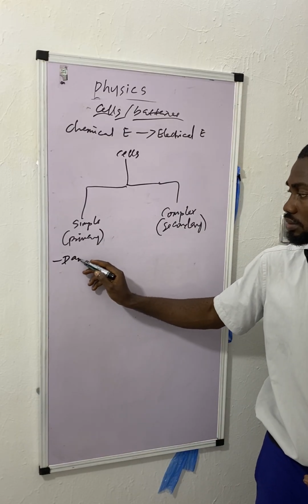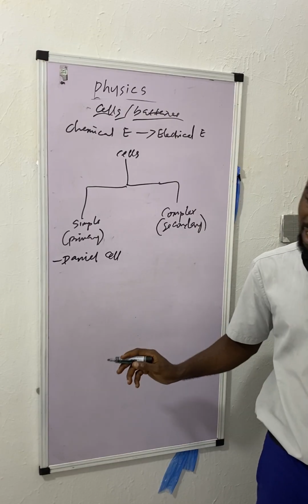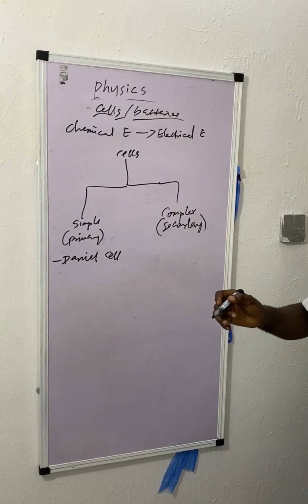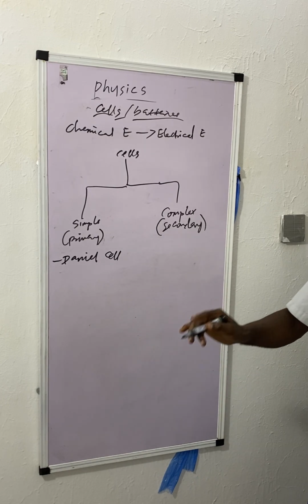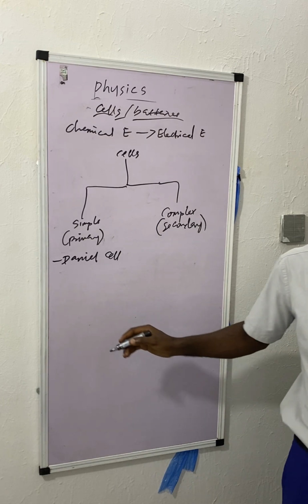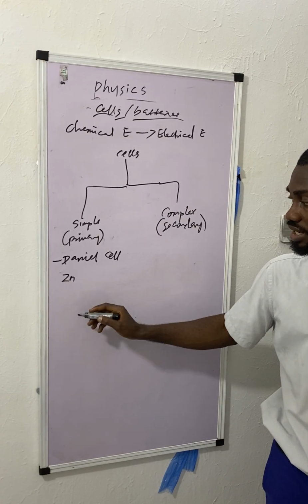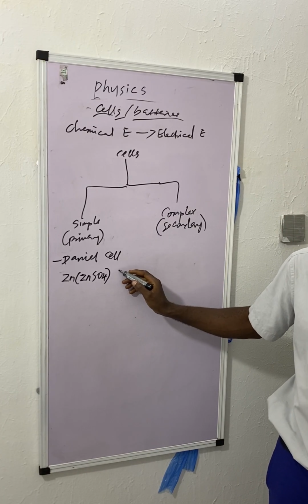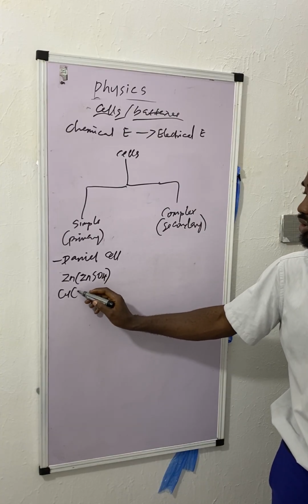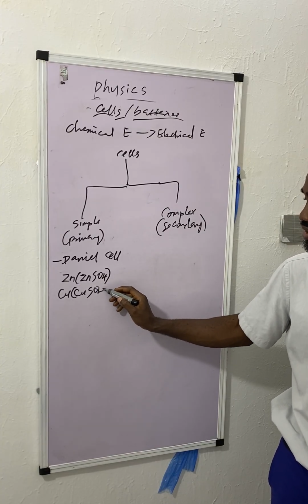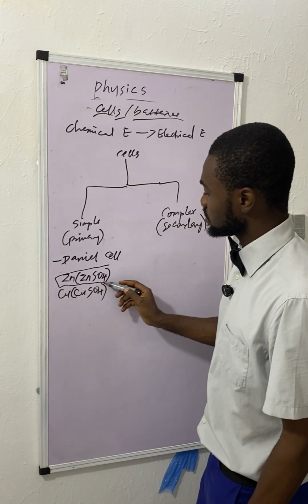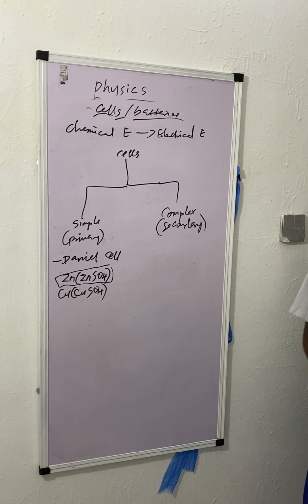We have the Daniell cell, in which we have zinc in zinc tetraoxosulfate(VI) and copper in copper(II) tetraoxosulfate(VI). The zinc is usually placed in a porous pot.